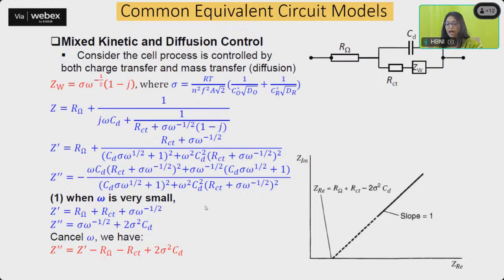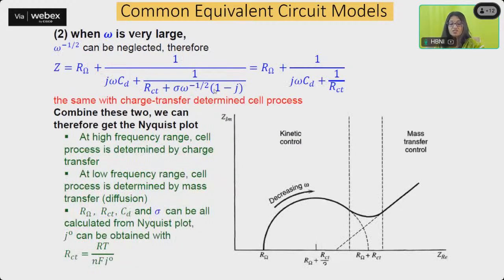So ultimately what you have is a straight line. Whereas in case the omega is very large, you have something pertaining to this particular region. So when the omega value is very low, you have a straight line, and when the omega value is a little more, in that case you will have this kind of a look over here. So combining these two, you will get the Nyquist plot.